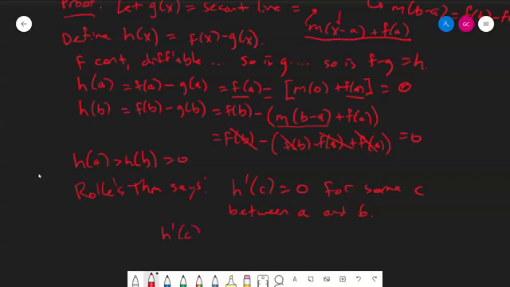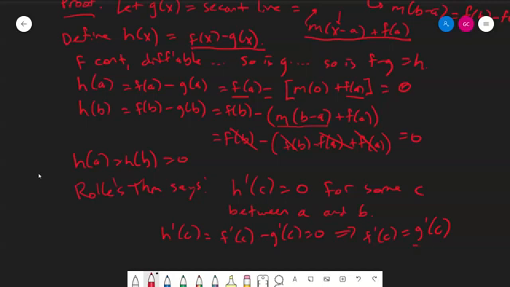Well, since h is this function f minus g, h prime of c is f prime of c minus g prime of c. And so, in fact, f prime of c must be equal to g prime of c at some value c.